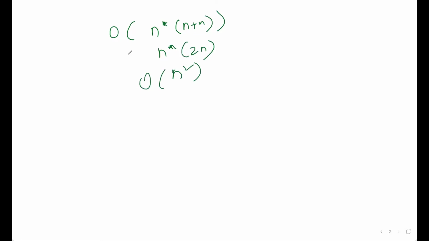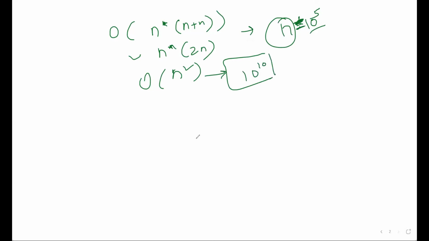Taking the worst case, when all the arrays have the same number of elements, the time complexity will be n into n plus n, or n into 2n, basically n square. n is the length of the array and it is 10 to the power 5. n square will be 10 to the power 10.